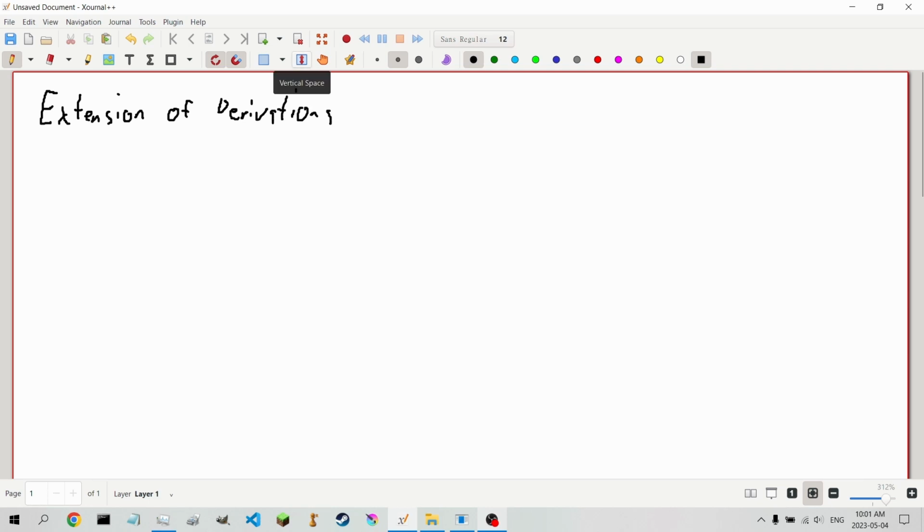And that is, of course, I believe, going to be extending a derivation from a group to its enveloping algebra, universal algebra, whatever you want to call it. All right, so here is our lemma.